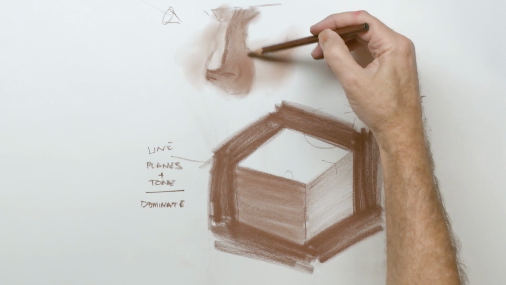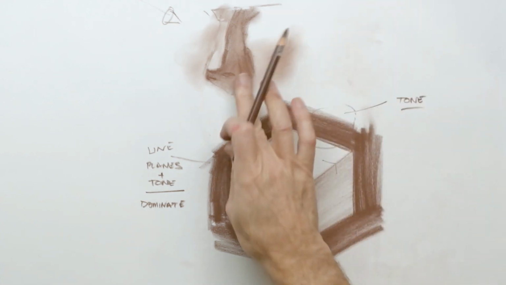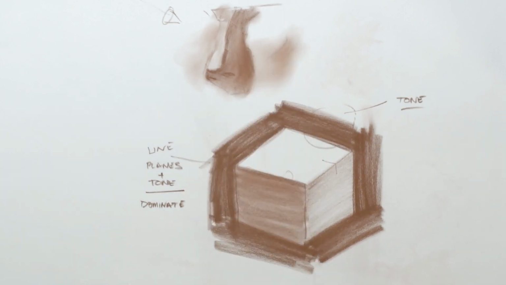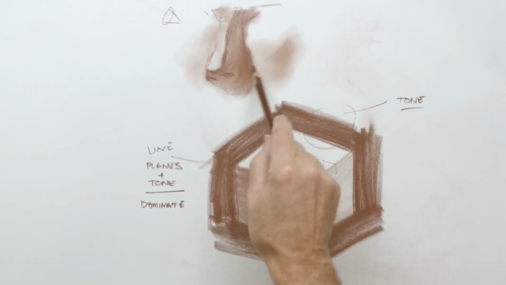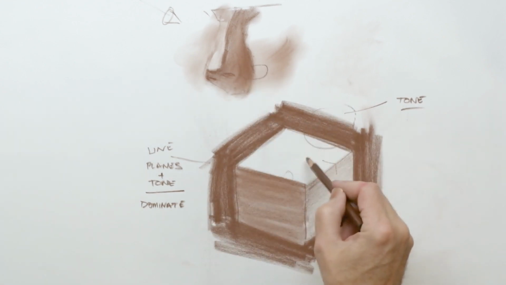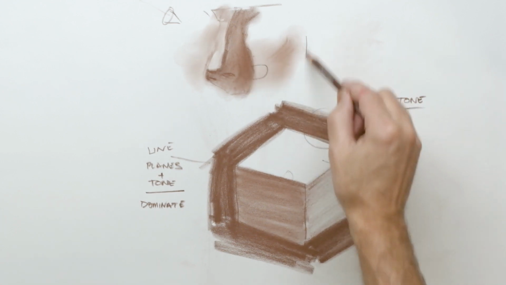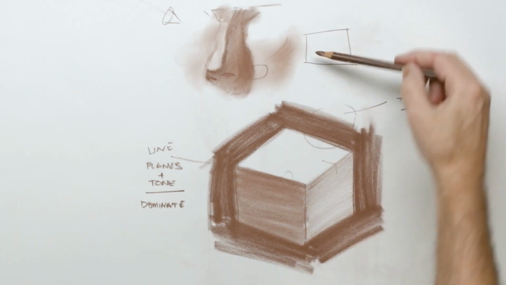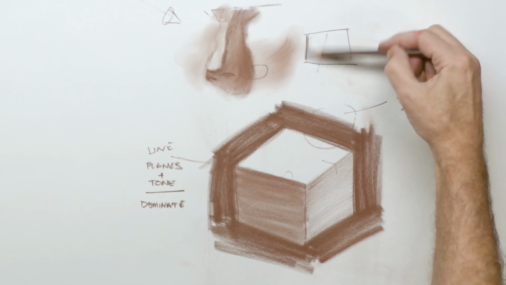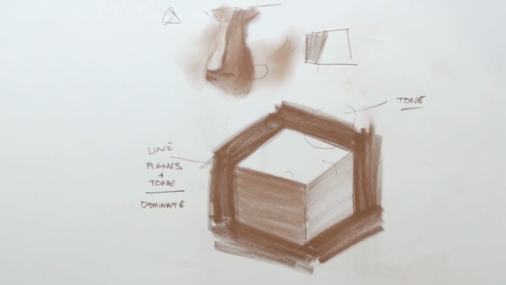It can even be fairly dark. This isn't turning a form. This is the edge of a shadow. Does that make sense? So this area here is tone. It's just like this area here, except it's a shadow laying over the same surface. So it's one surface, and it's a shadow laying across the surface of the cheek there, okay?